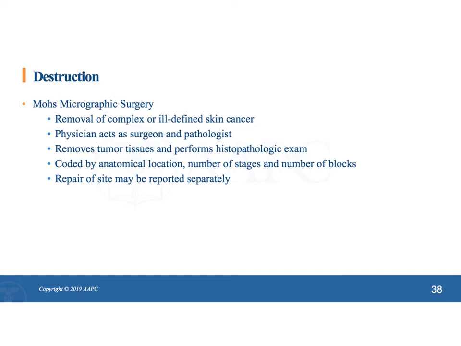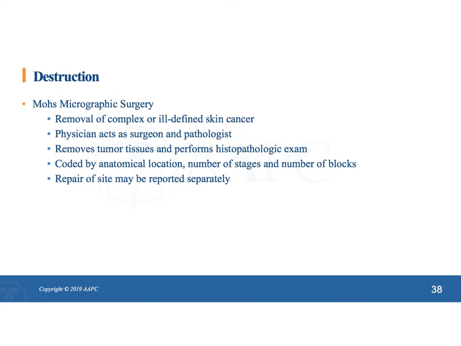If you notice, 17311 covers the body areas of the head, neck, hands, feet, genitalia, or any location with surgery directly involving muscle, cartilage, bone, tendon, major nerves, or vessels. That code is for any of those areas for the first stage only, up to 5 tissue blocks.